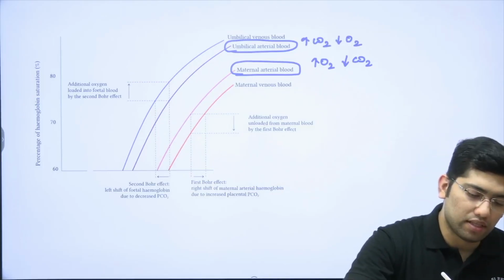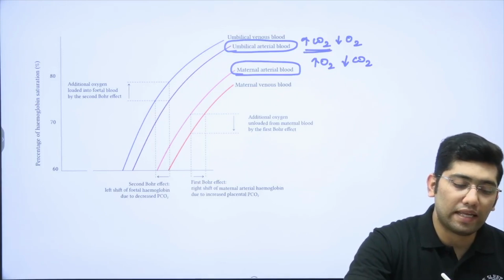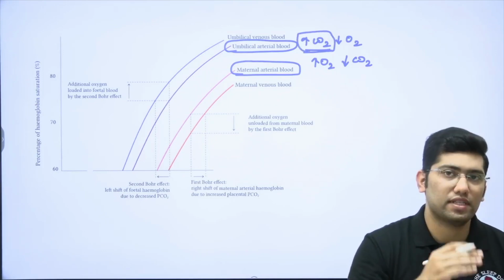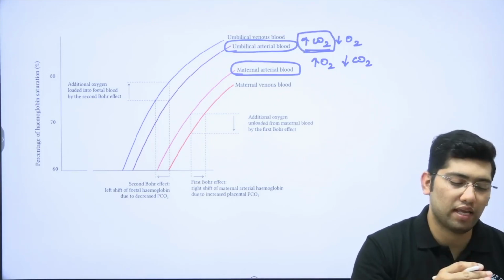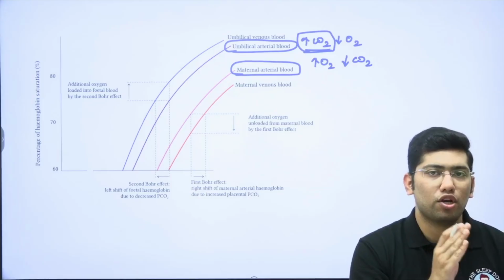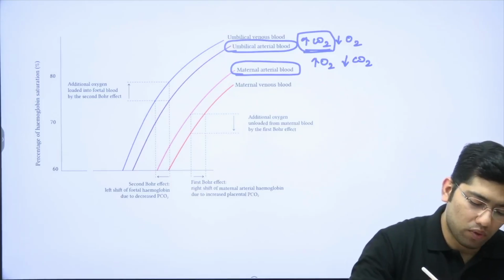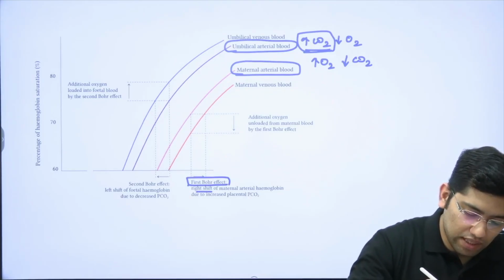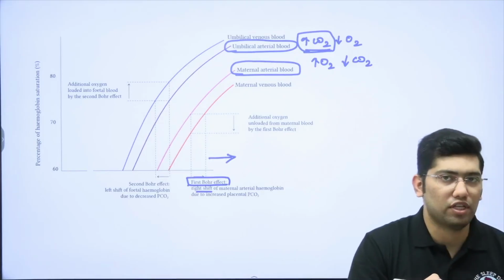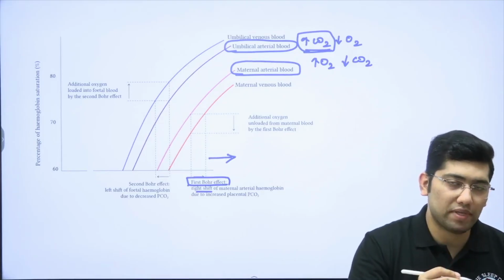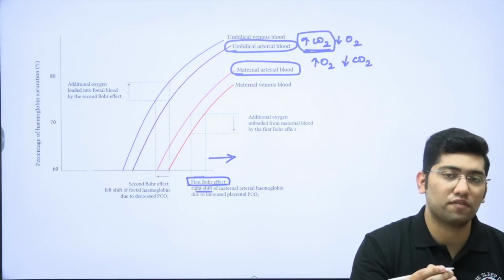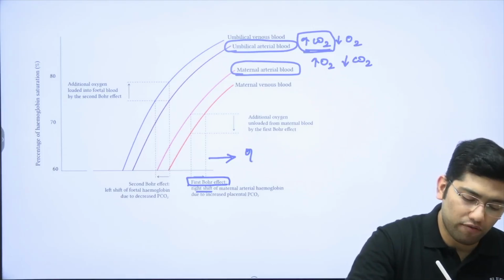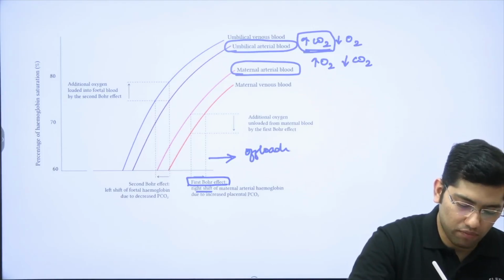Now, this increase in carbon dioxide facilitates a rightward shift in the maternal arterial blood curve. So that is the first Bohr effect we see, the rightward shift. We discussed what happens if the oxygen dissociation curve shifts to the right. There is offloading of oxygen. That is what we want, right?